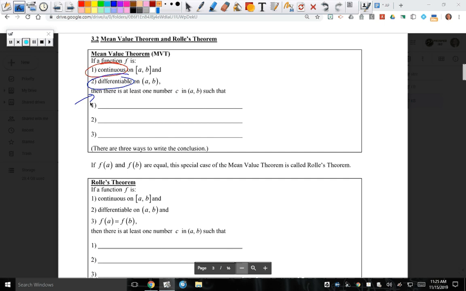Let me draw it so that you can understand it. And then you tell me what it feels and looks like, because we've done something like this before. So if a function is continuous and differentiable, so no cusps, don't lift up your pencil, on A to B, that means endpoint here, endpoint here.